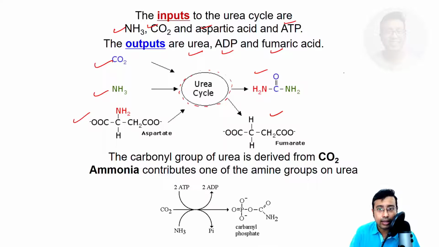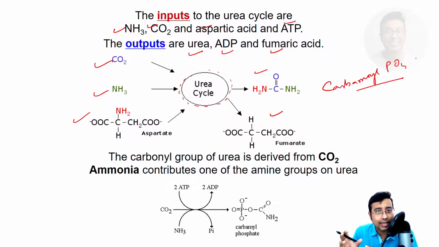phosphate. Carbamoyl phosphate. And the enzyme that synthesizes carbamoyl phosphate uses a high energy compound, ATP, right? From your enzymology concepts, you know that any enzyme that is synthesizing a new compound with the help of a high energy phosphate bond is also known as a synthetase.